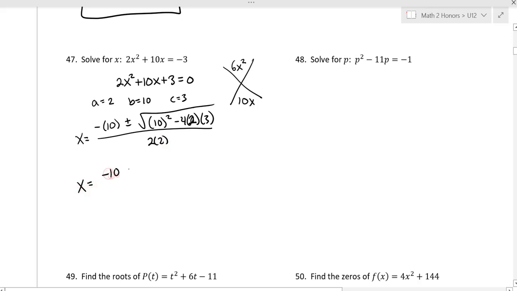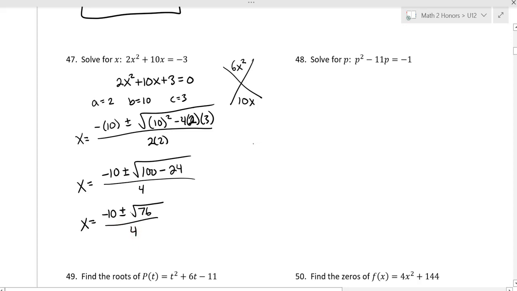Simplifying that, we get negative 10 plus or minus the square root of 100 minus 24, because 4 times 2 is 8, 8 times 3 is 24, all over 4. Keep going, negative 10 plus or minus the square root of 100 minus 24 is 76 over 4.